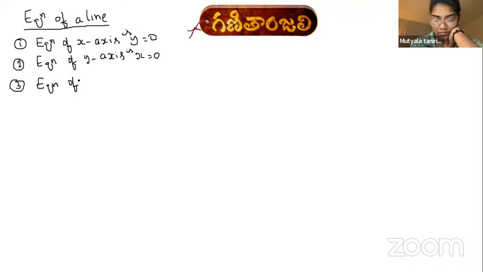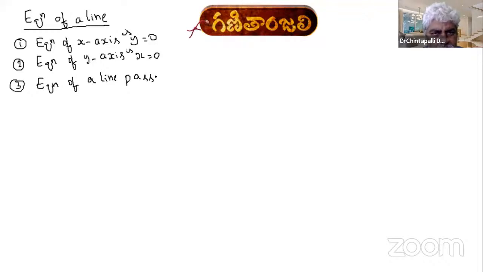Next, equation of a line passing through the origin.